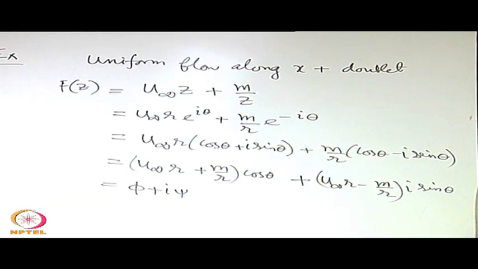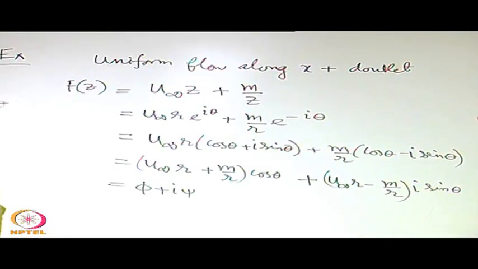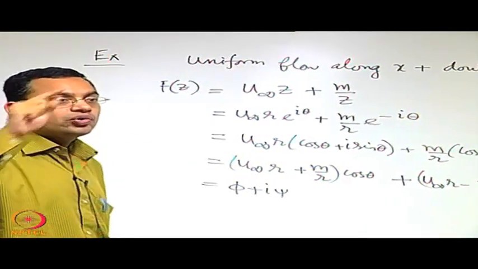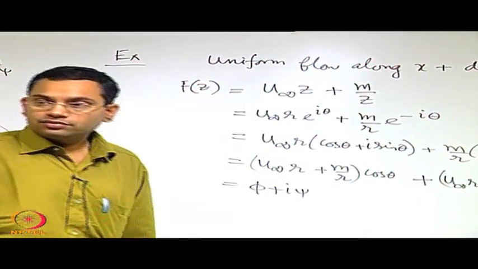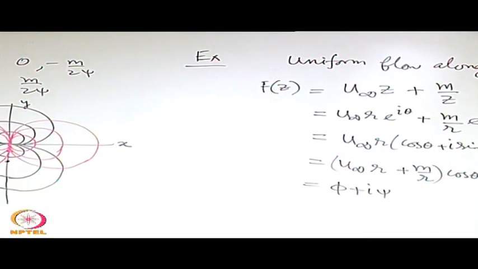Now let us say that we want to generate a body of a particular shape over which the flow is flowing by using this. We are going just one step forward. When you want to generate a body of a particular shape, we always have to keep in mind that the contour of the body is a streamline, because there cannot be any flow across it, right.